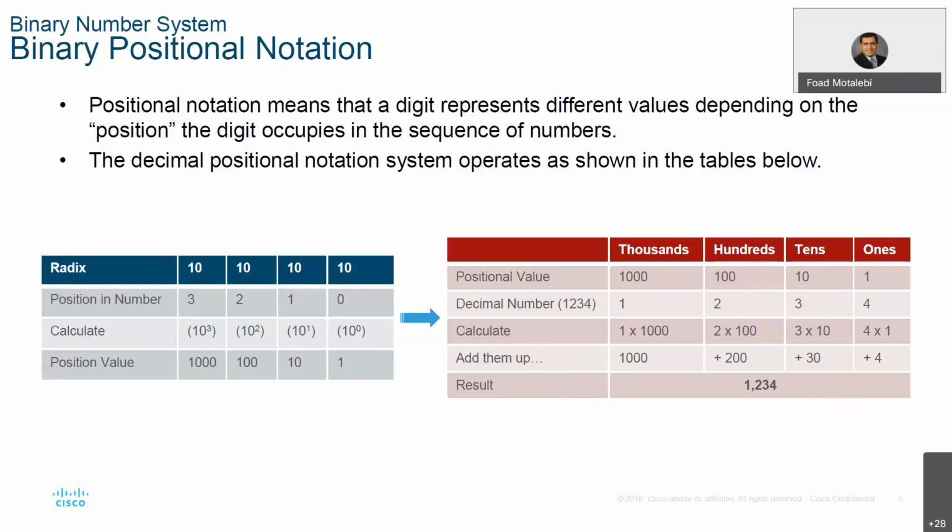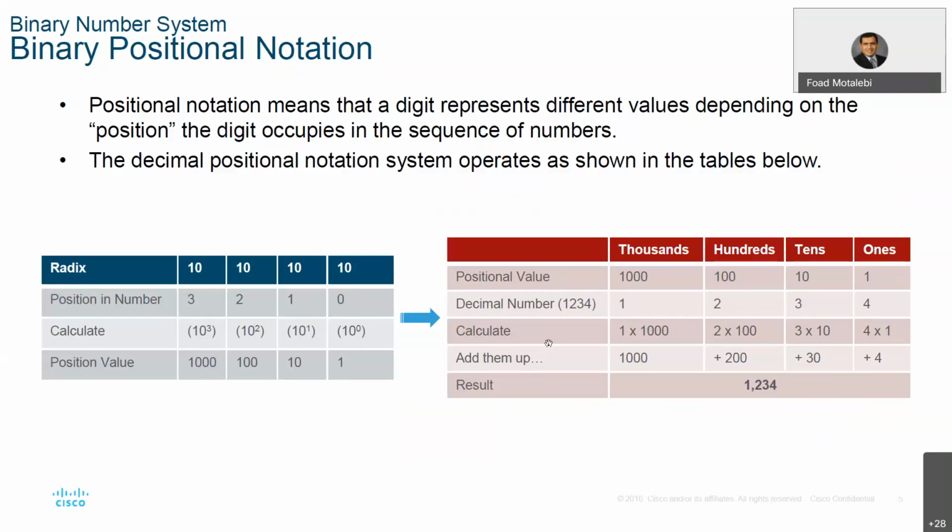In the case of decimal, it is base 10. Now look at the notation of our base 10, where the radix is 10. In base 10, it's very straightforward. We have positions 0, 1, 2. So it starts with ones, tens, hundreds, thousands. We study these things in school.